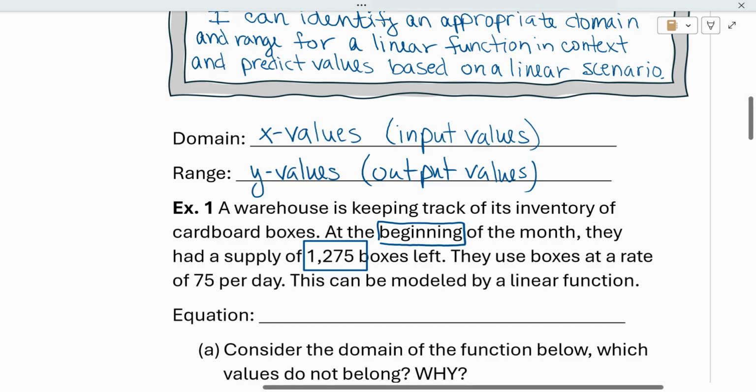When I think of a linear function, the beginning value where we begin is represented by what? The slope? That's your rate. When I think of a linear function, like y equals mx plus b, the beginning value is represented by what?